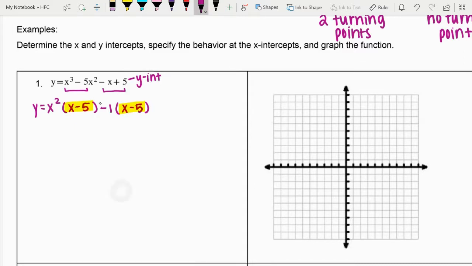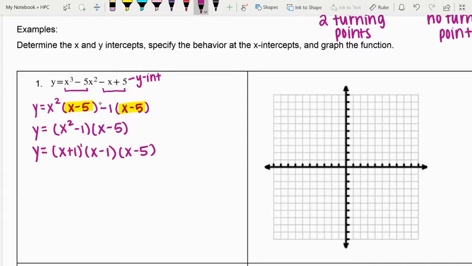So then I can just write this as y equals (x squared minus 1)(x minus 5), which then will be (x plus 1)(x minus 1)(x minus 5).